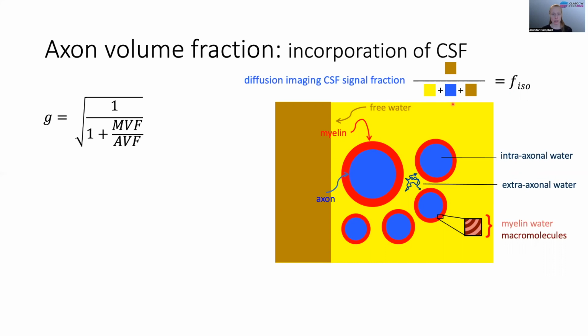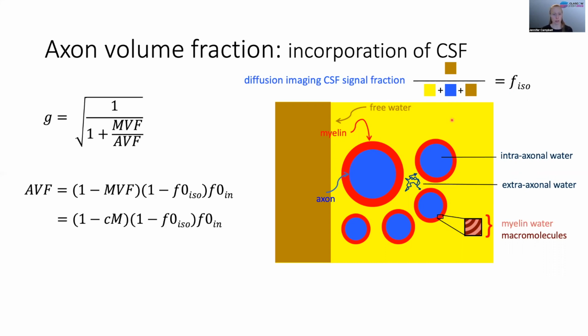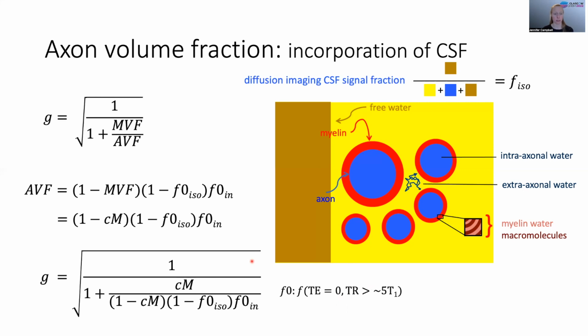And it would be expected to have very different relaxation times from the rest of the tissue. So we should also correct it for relaxation, where again, this F0 is the signal at T equals 0 and TR sufficiently long for complete longitudinal relaxation. And so if we correct all of our fractions for relaxation, this is the formula for the G ratio.